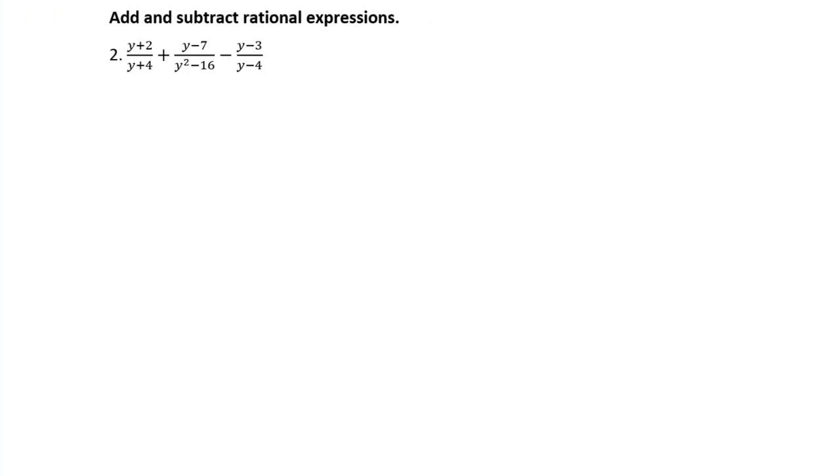So here, same thing. We're going to look, and in this middle one, we're going to find the (y + 4)(y - 4). So I need to multiply this one by y + 4 on top and bottom. And I need to multiply this one over here by the missing y - 4 on top and bottom.